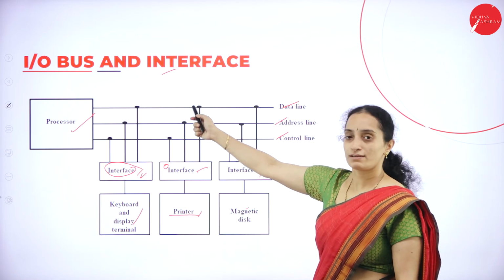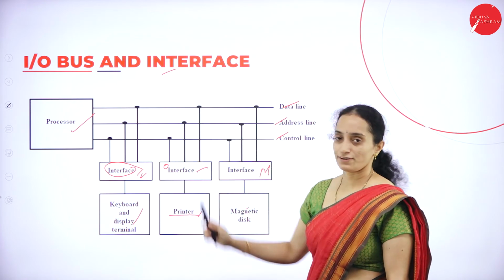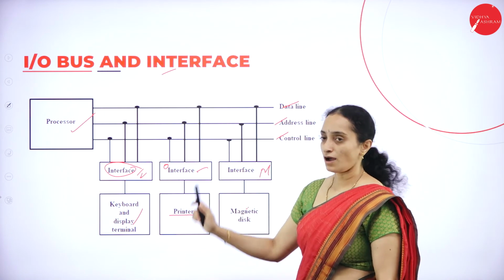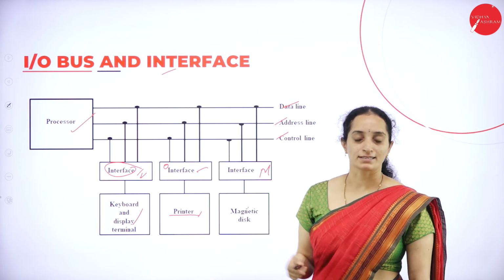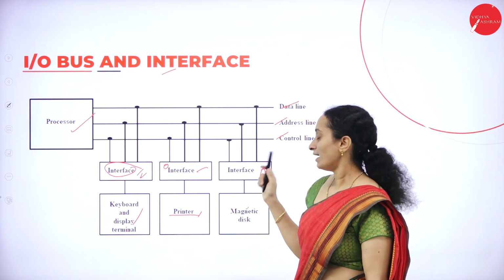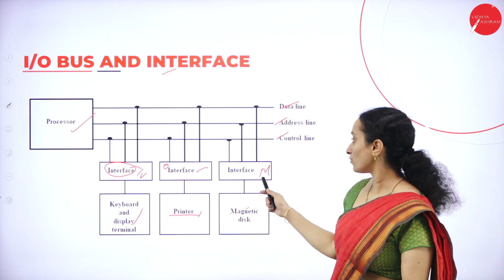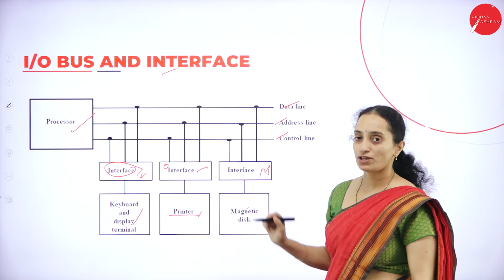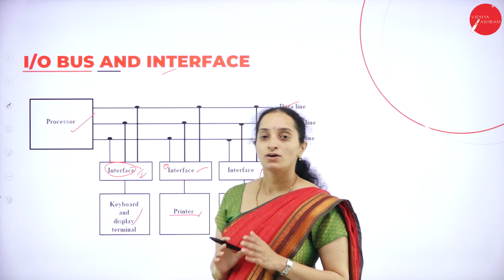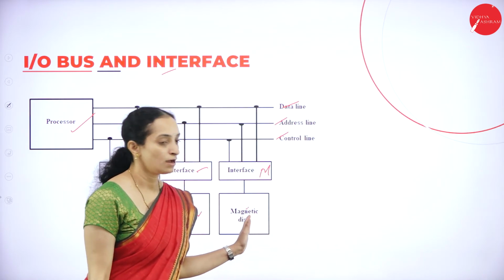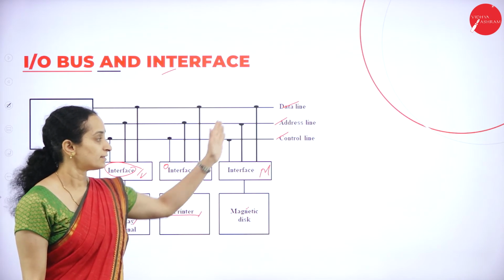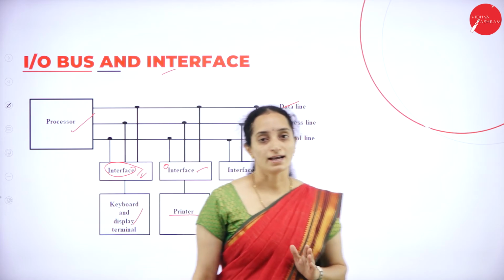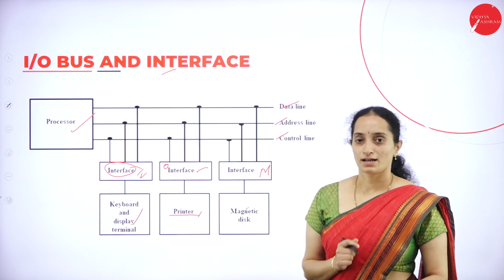The input interface, the output interface, and the memory interface are all accessed by the data line. That means the data line communicates with only the interfaces, not the actual components. But the address line and control line communicate with the actual components of the computer.